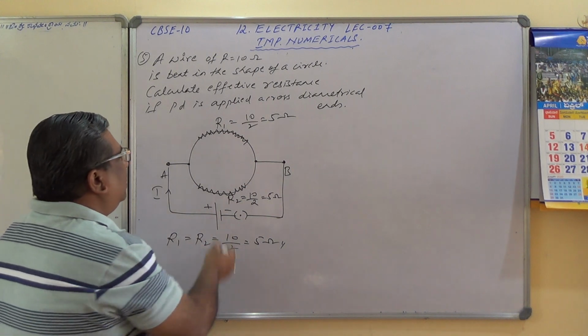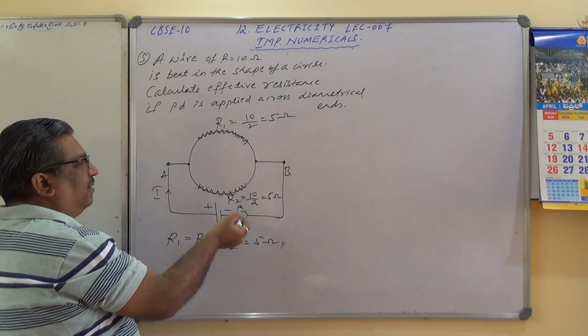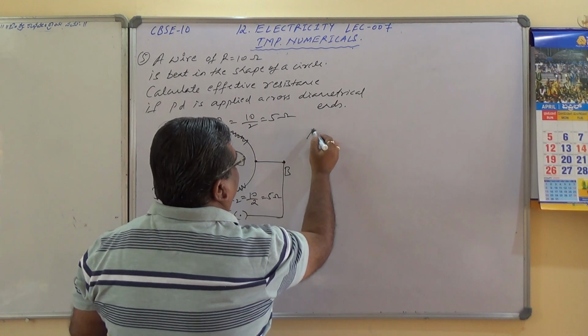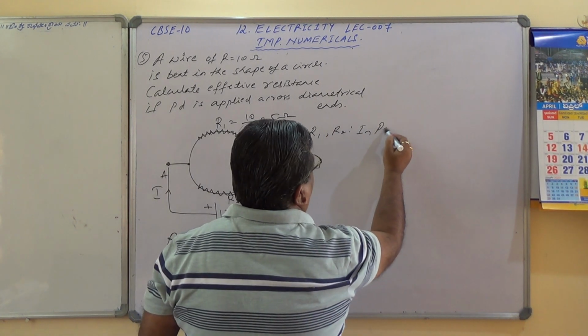R1, R2 equals this. Look at these two, and here across the diametrical ends the potential difference is applied. Therefore R1 and R2 are in parallel combination.